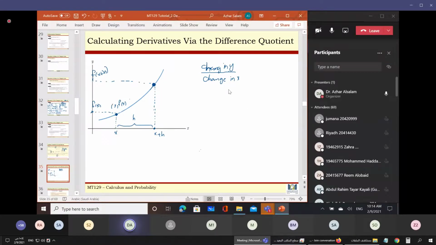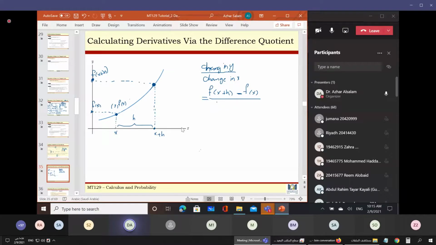The change in y will be f of x plus h minus f of x, the difference between y2 and y1, divided by the change in x.